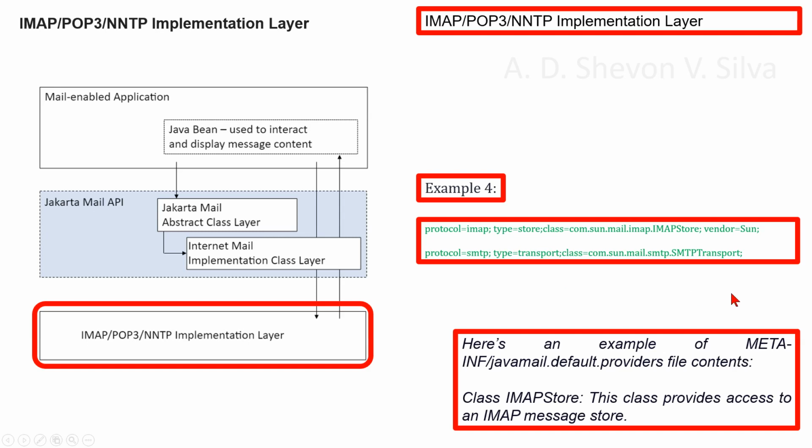The protocol implementations are listed one per line. The file format defines 4 attributes that describe a protocol implementation. Each attribute is an equal separated name value pair with name in lowercase. Each name value pair is semicolon separated.